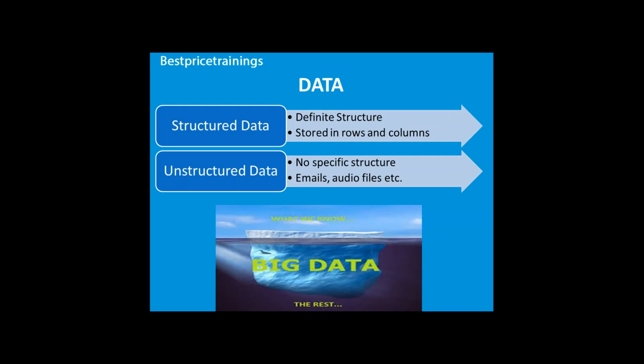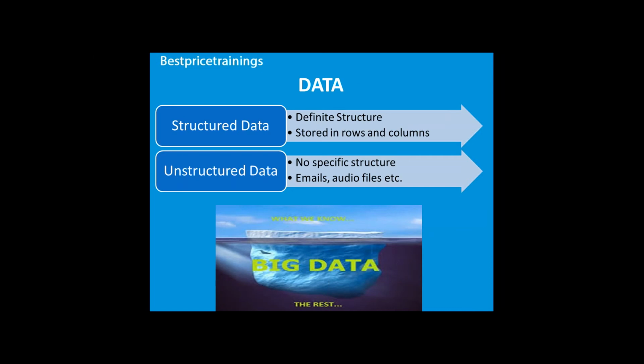So we can define data into two types. It may be structured data or unstructured data. Structured data is one that has a definite architecture that can be stored in rows and column format, just like our tables stored in Oracle or SQL Server databases, or Excel files.